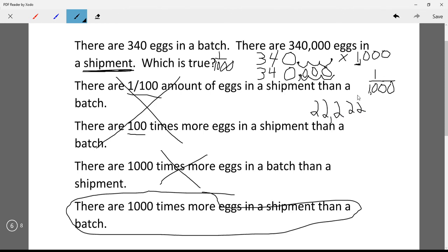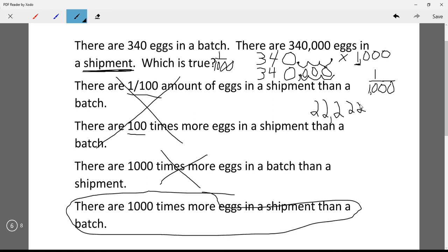From here, this 2 is worth 2. This 2 is worth 20. So it's 2 times 10. This 2 is worth 100. So it would be 20 times 10. Every time I hop, each 2 becomes worth 10 times greater.